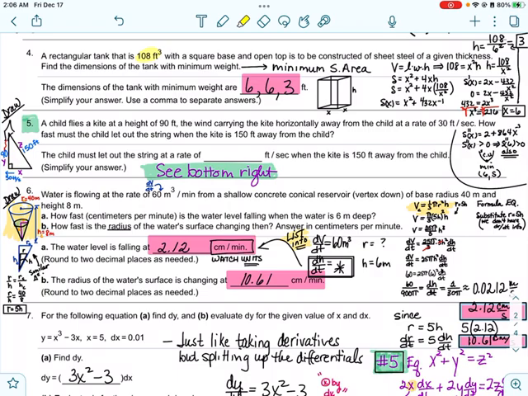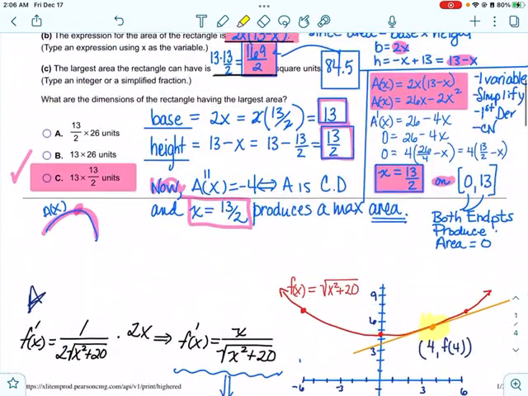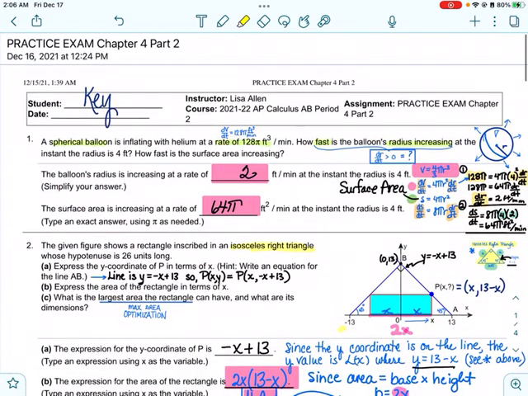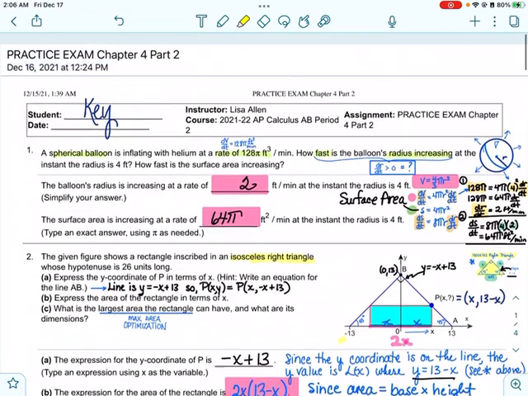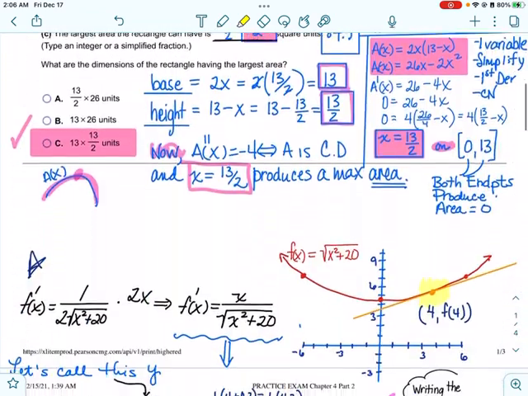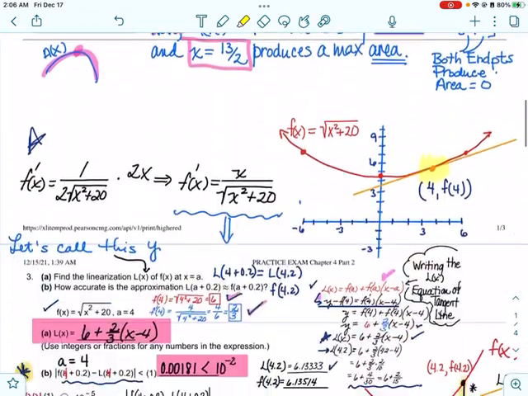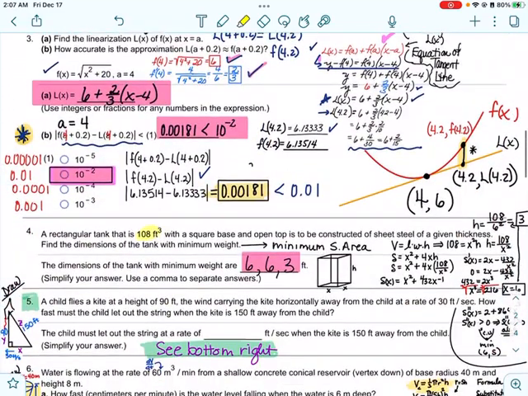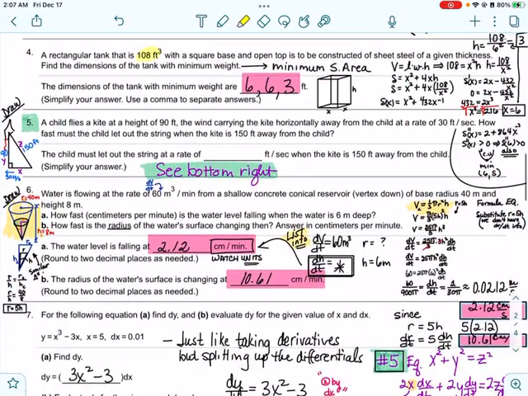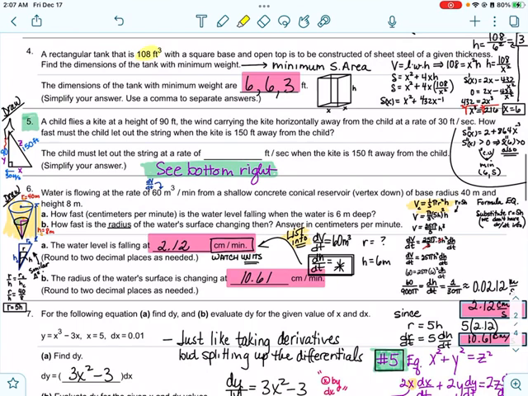So we are working on Chapter 4, Practice Exam Part 2, and we are getting through here. We are on problem number 4. A rectangular tank that is 108 feet cubed.